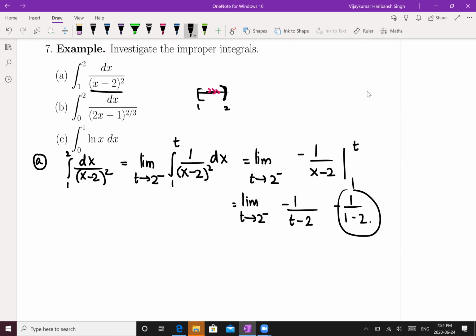However, for this part, the top is fixed at minus 1, and at the bottom t goes to 2, t minus 2. If t goes to 2 from the left side, your t minus 2 is less than 0. So the whole thing has a positive sign, and the limit is going to be infinity. So therefore, this integral diverges.